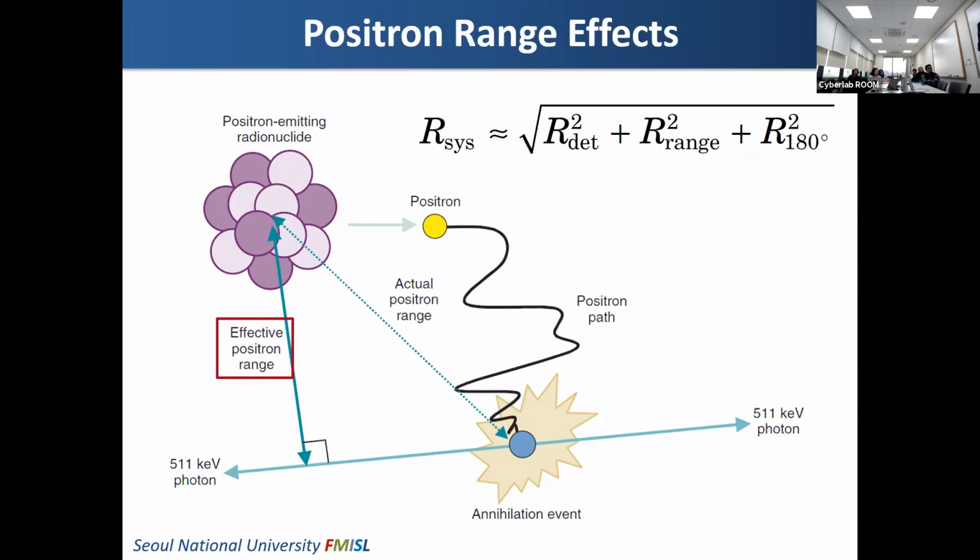As I said, in PET we detect two gamma ray photons, two annihilation photons. So we know the direction. For example, if we detect two gamma ray photons, we can say what is this sector, this angle. So this is different from SPECT.